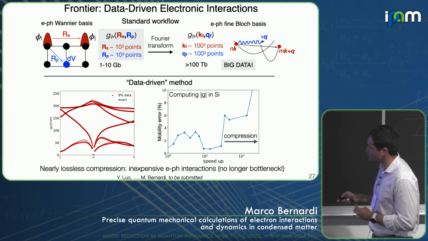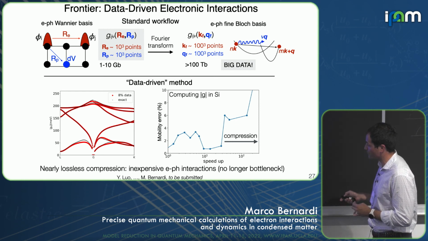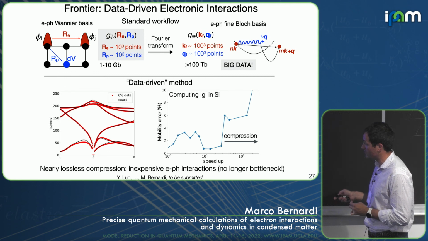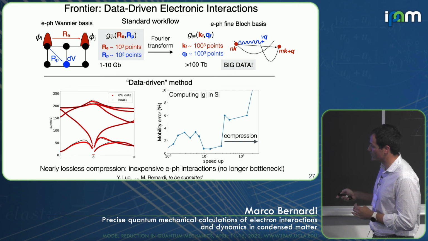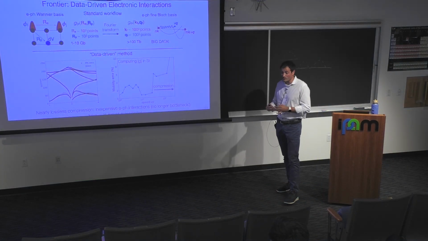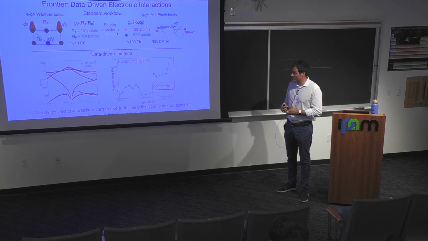And also, you can further compress it, obtaining a speed up for the calculation of the electron-phonon coupling on a fine grid. You can basically get speed ups up to 2 orders of magnitude while still retaining an accuracy in the observables of about 5%.